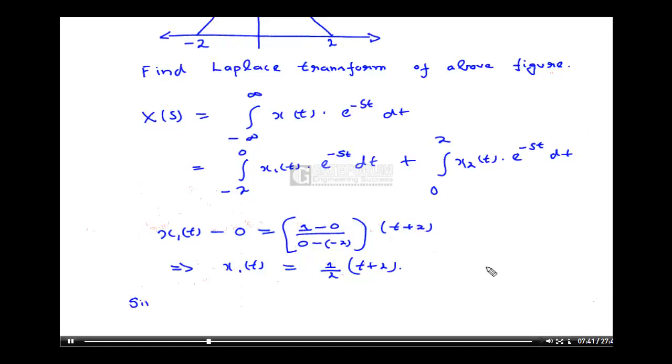Similarly, we can find x2(t). Substituting x1(t), we will get the result.